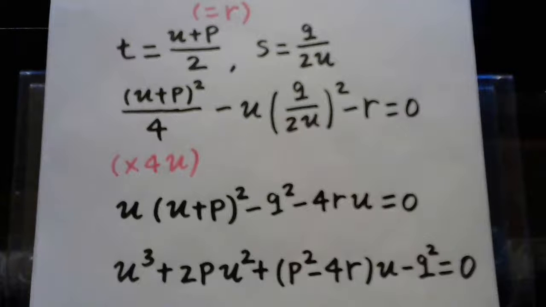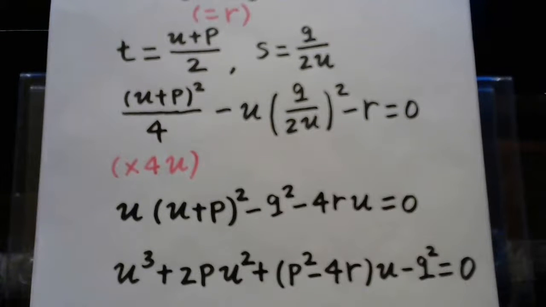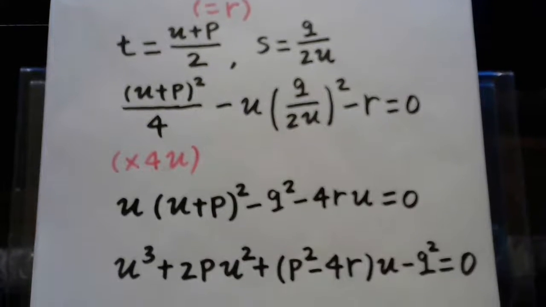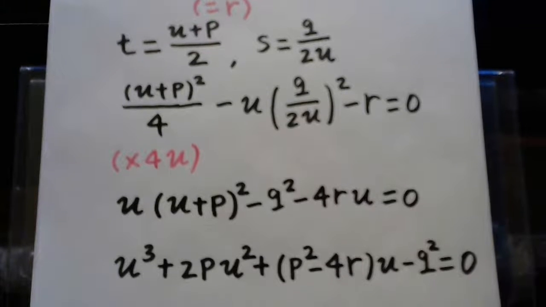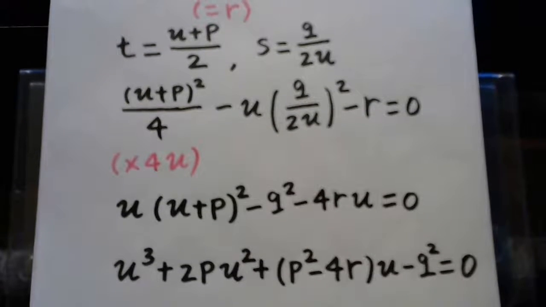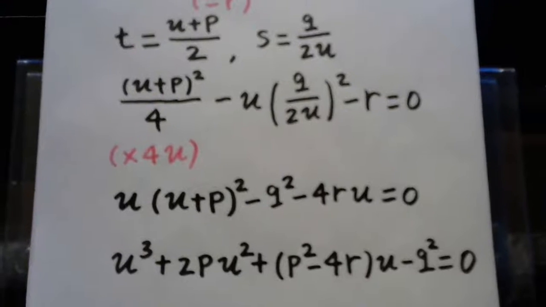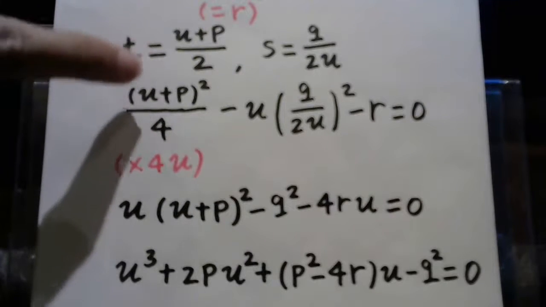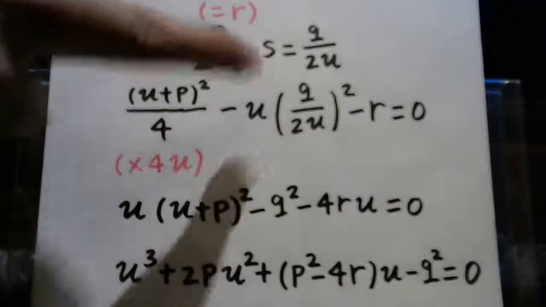This is a cubic equation in u. So we can solve it by Cardano's method. So we can find u, and so we can find t and s.